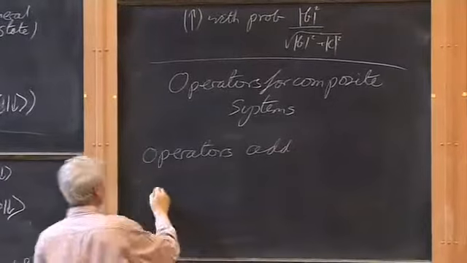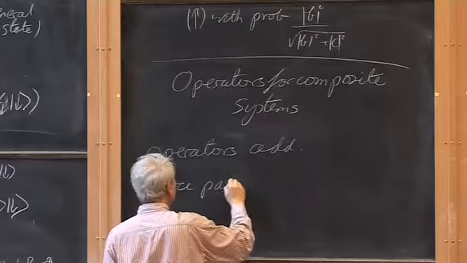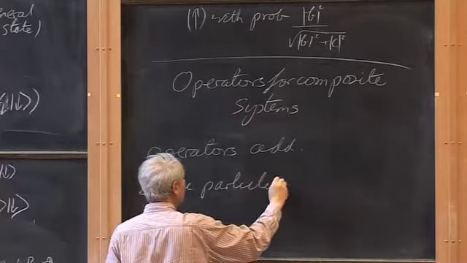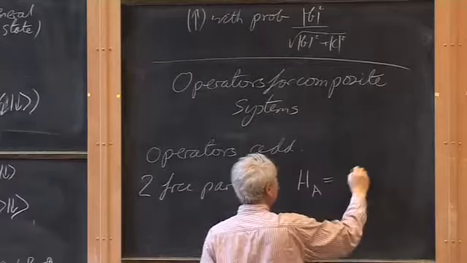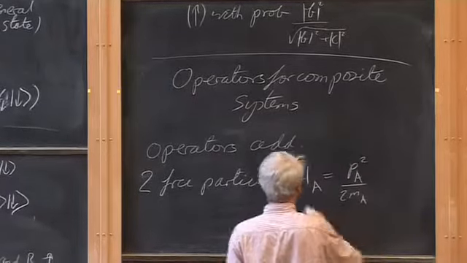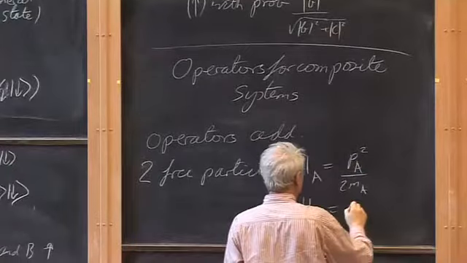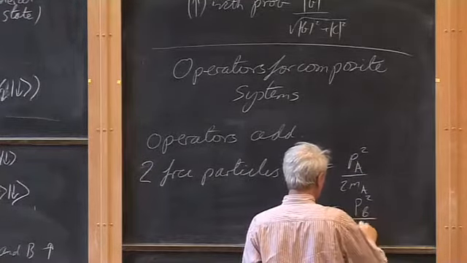So for example, if we have 2 free particles, A and B, then HA is equal to PA squared, the momentum of A squared over twice the mass of A, and HB, the Hamiltonian operator, is equal to PB squared over 2MB.